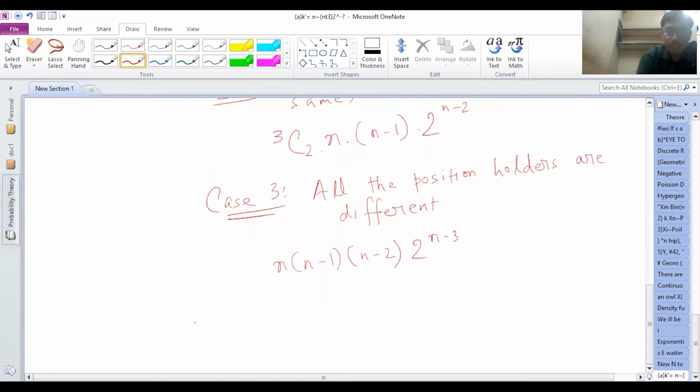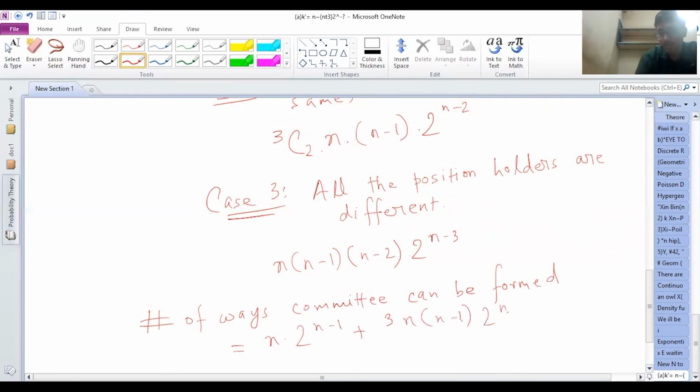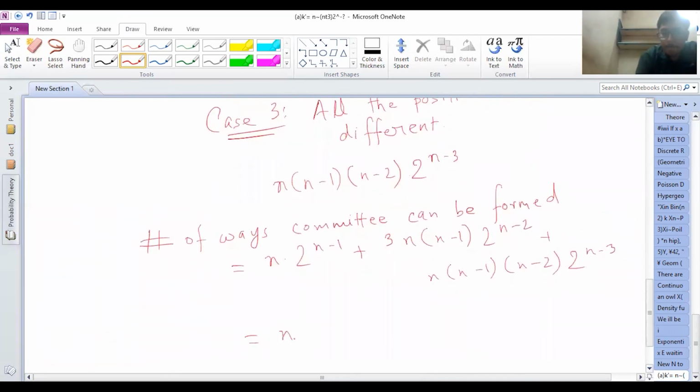Now we add these up. So this gives us n times 2 power n minus 3, which is common.